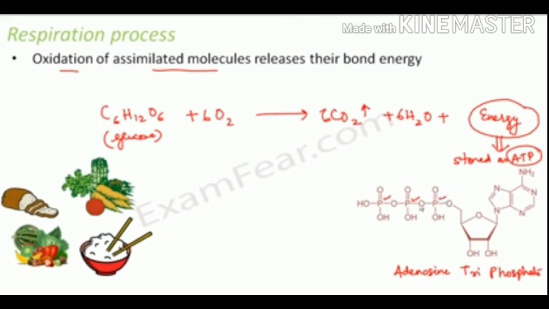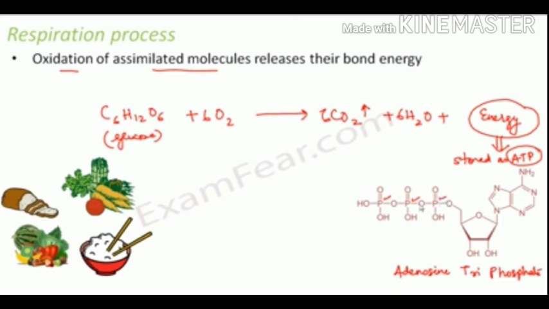So, at the end of the day, when those complex food materials get converted into simpler and simpler forms, we receive simple things like glucose. This simplest form will get oxidized in presence of oxygen and form carbon dioxide, water and energy.